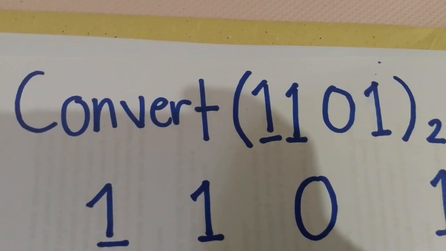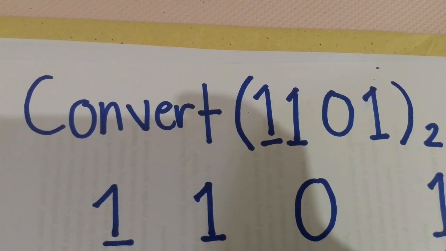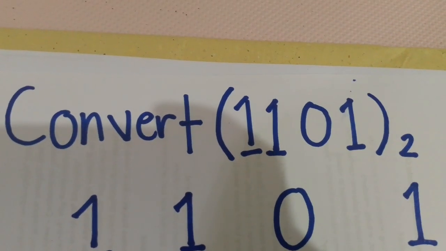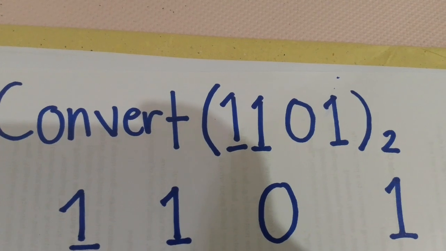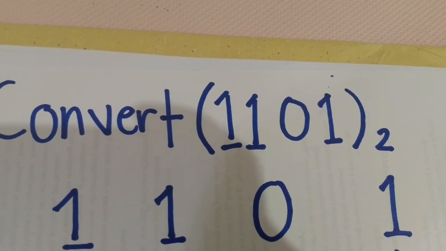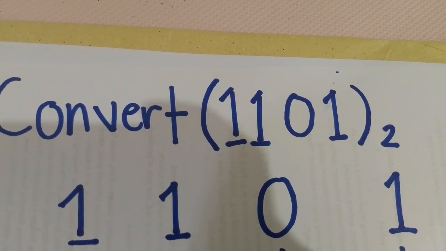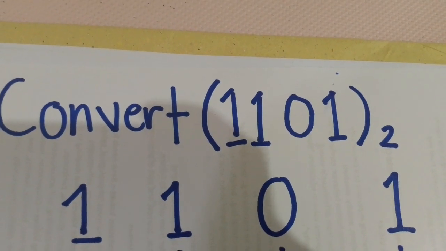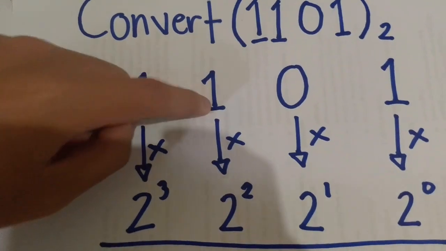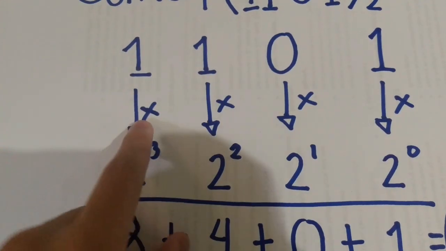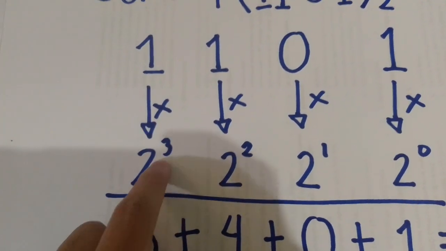By converting 1101, we're gonna have to multiply it by 2. You may ask again, why 2? Remember, we only have two numbers, 1 and 0. So, there is a simple way of multiplying it. You'll just have to write down 1101, and we'll start by multiplying it down by 2.